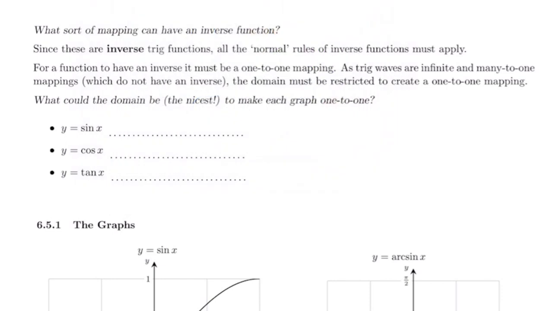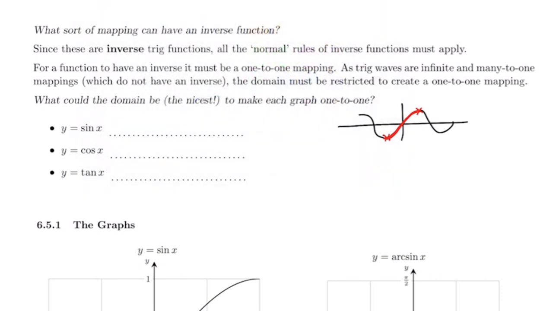So I'm going to just draw a quick sine wave here. And you can see there's a standard sine wave. But if I take the sine wave from the minimum on the left-hand side of the y-axis to the maximum on the right-hand side, and just pick that part of the wave, so we're going from negative pi over 2 to pi over 2, or negative 90, I get a one-to-one function.